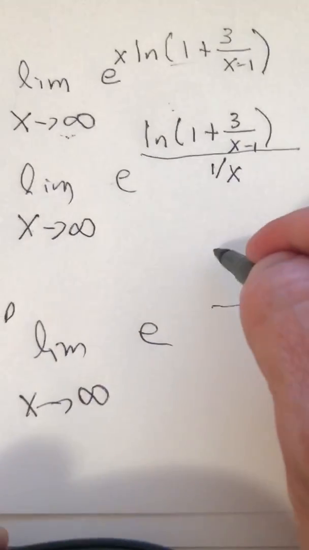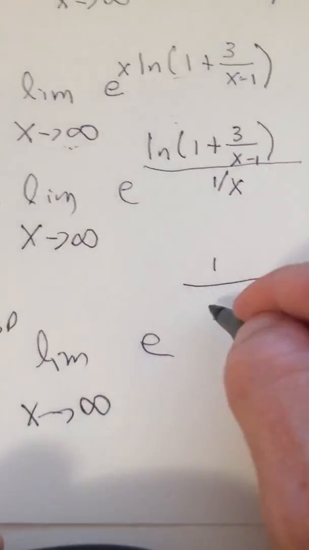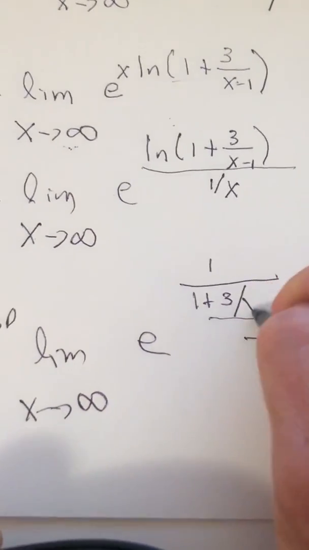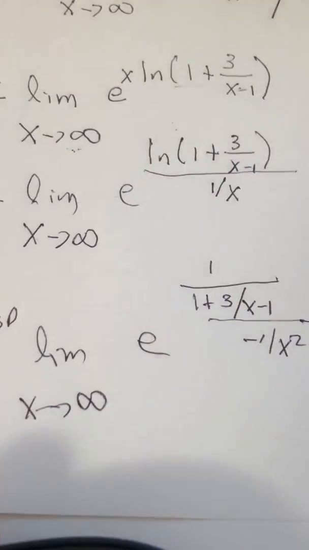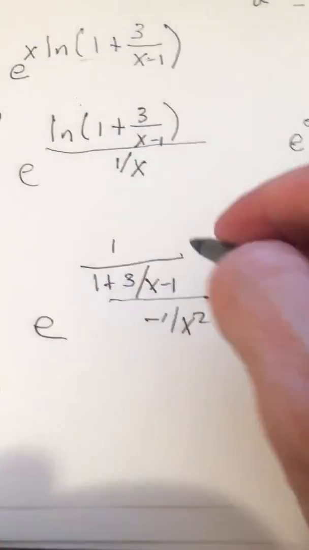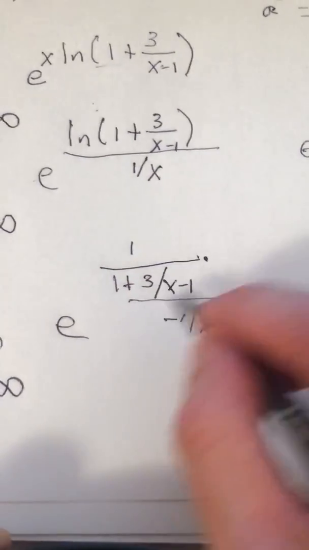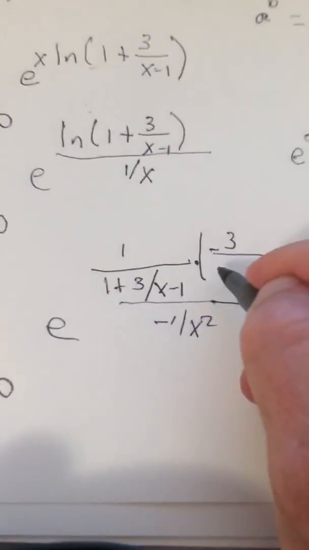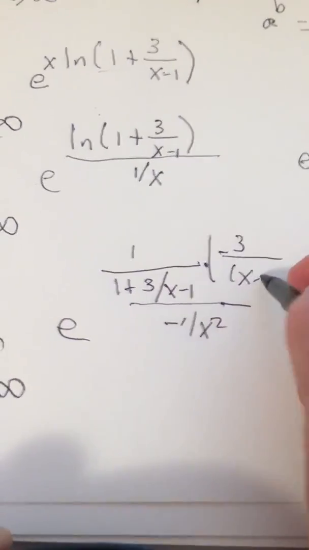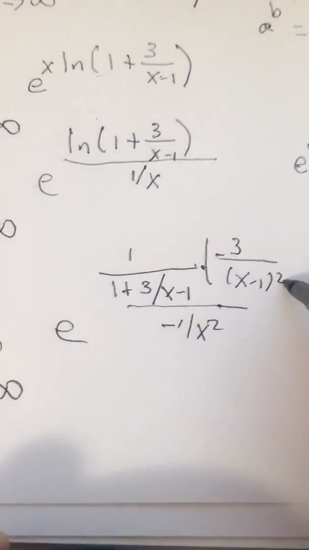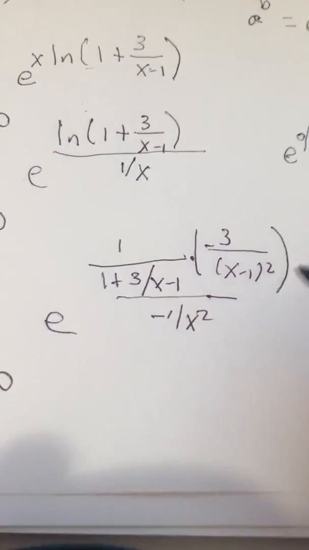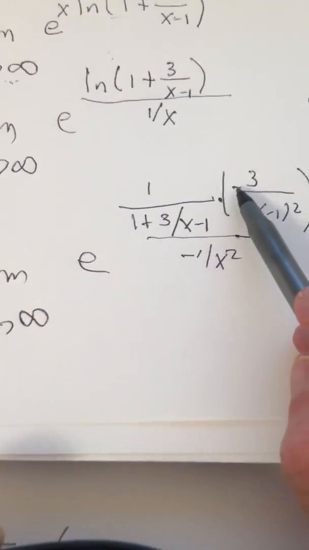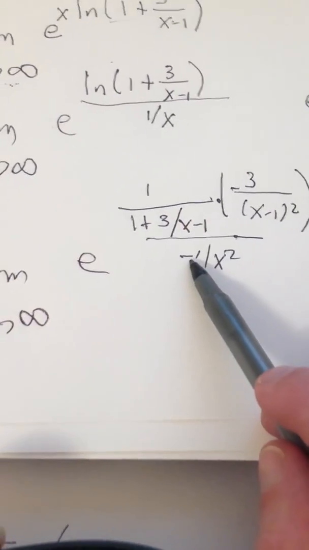So I have 1 over 1 plus 3 over x minus 1, and then I'm going to multiply that by the derivative of the inside. It's a chain rule. So I have negative 3 over x minus 1 squared. Notice that these negative signs are going to cancel.